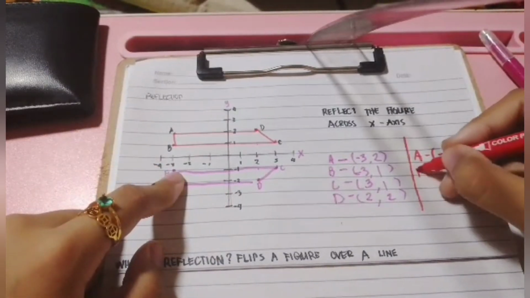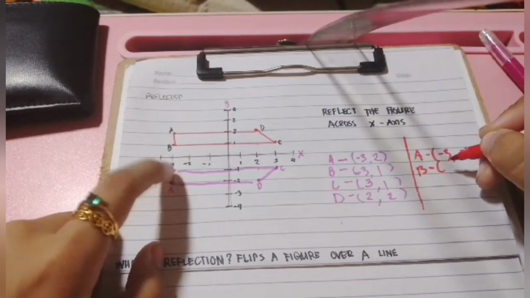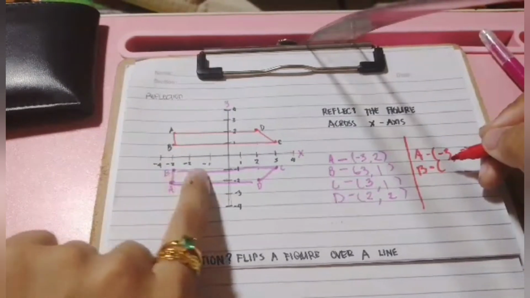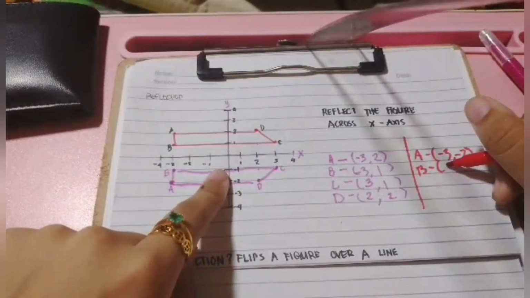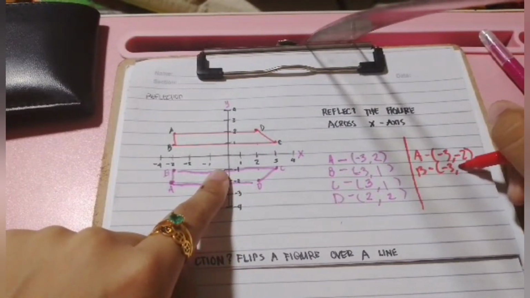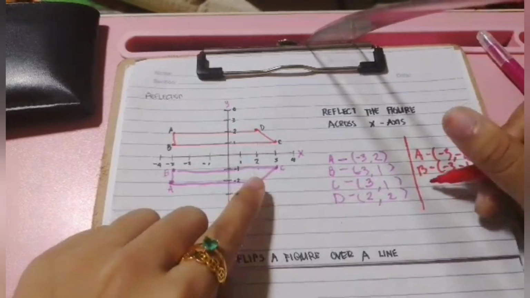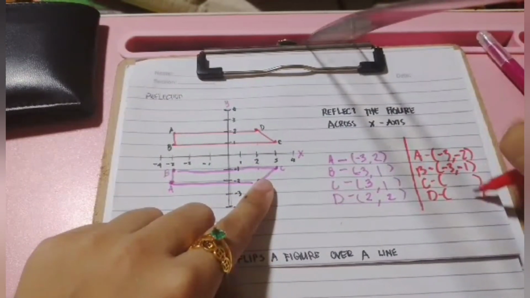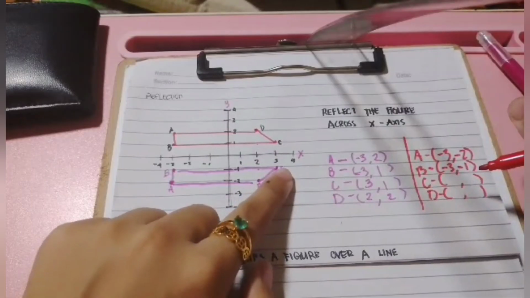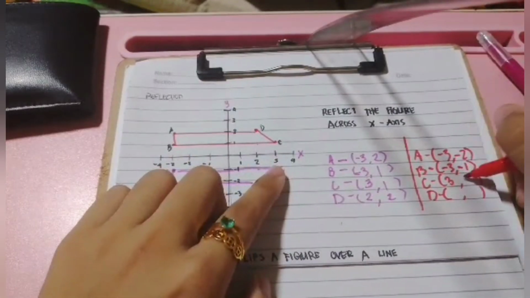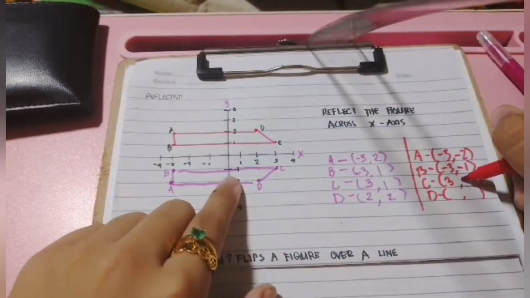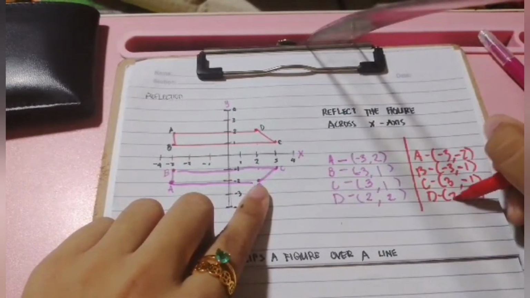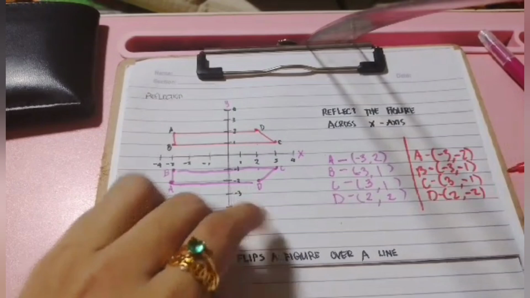Then, B: negative 3, negative 1. C and D: C is positive 3, negative 1, and positive 2, negative 2.